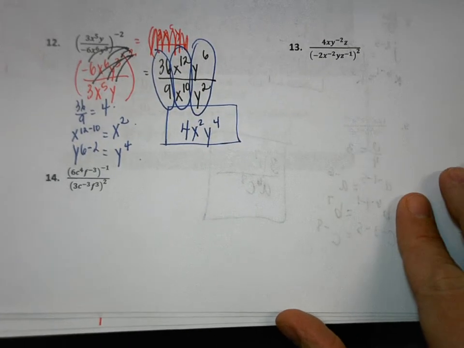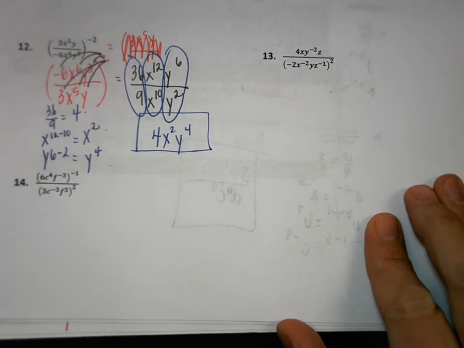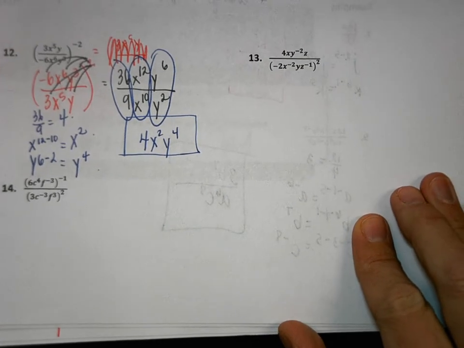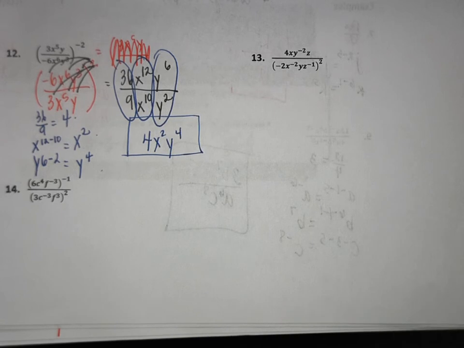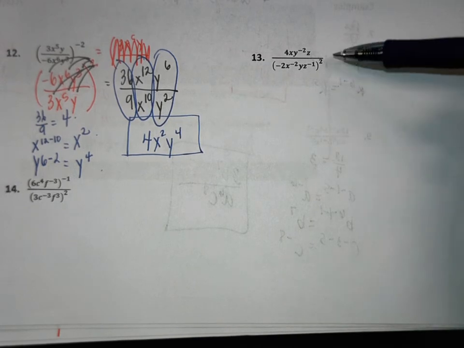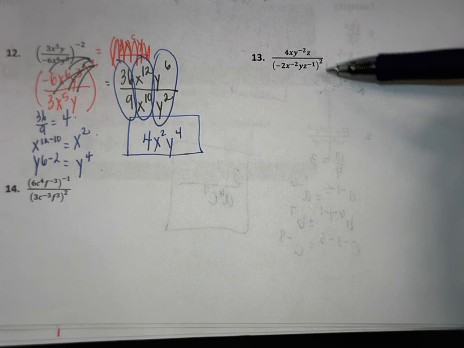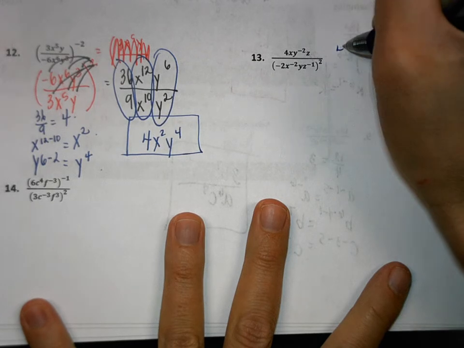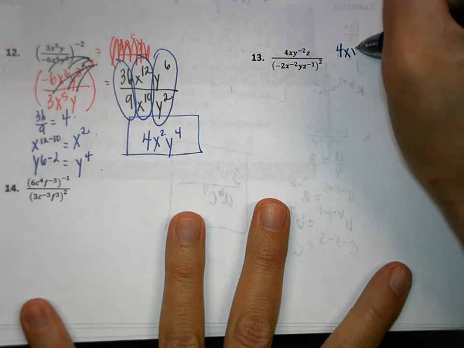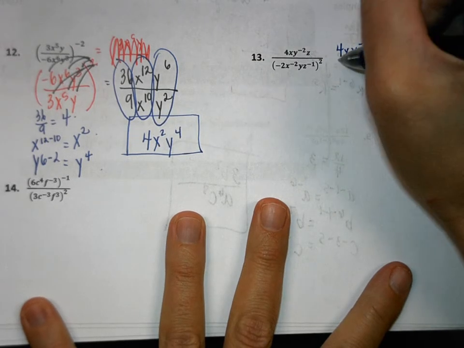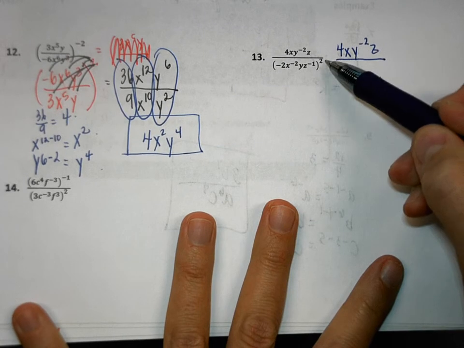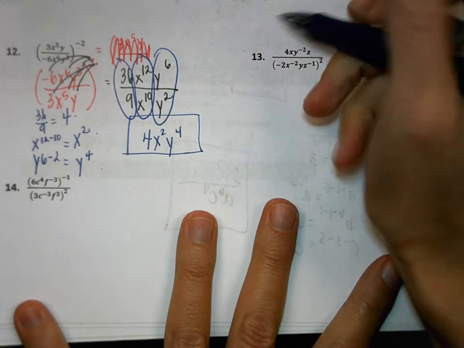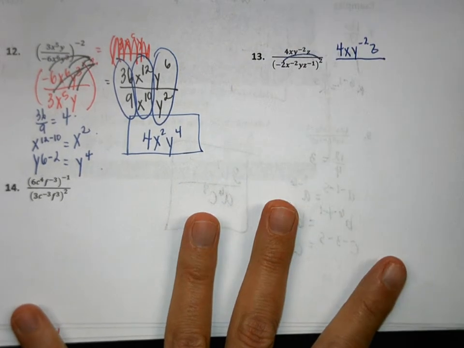Okay, so what's the first thing you would do on this problem? Am I going to flip anything right now? No, because I don't have a negative exponent outside of this parenthesis that I would need to change the side on. Okay? And so I'm going to start by just rewriting our numerator, rewriting the top. And then I'm going to go to the denominator and I'm going to take this 2 exponent and bring it to everything inside. So what is negative 2 to the 2nd power?